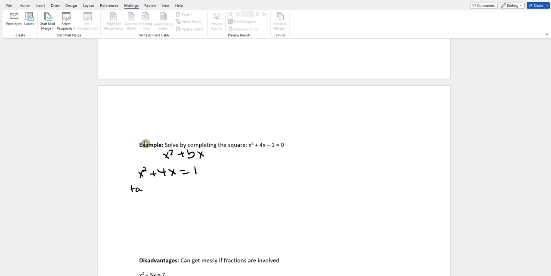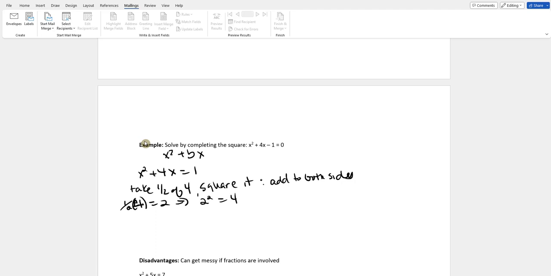The next thing I'm going to do is take half of 4, because that's the coefficient of x. We're going to square it and add to both sides. So half of 4 is 2. And then I'm going to take 2 and square it, and I get 4.